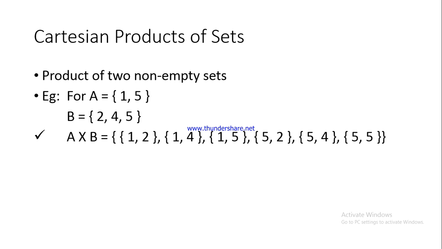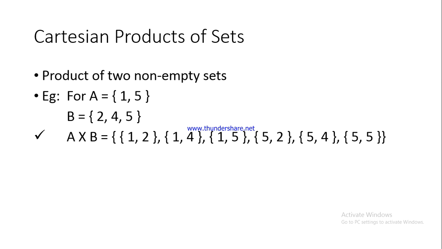And how do we find out the value of A into B? Every single element of the first set will be multiplied with every single element of the second set unless and until we exhaust all the elements.